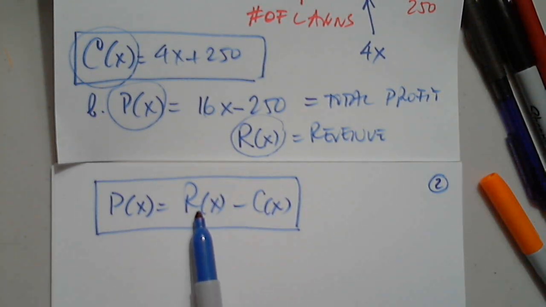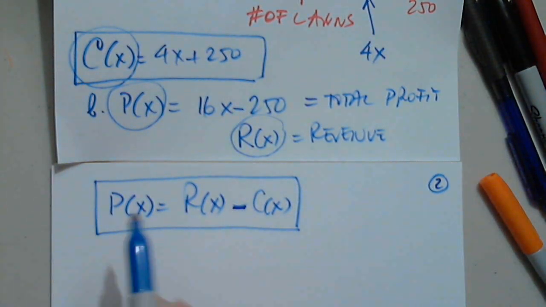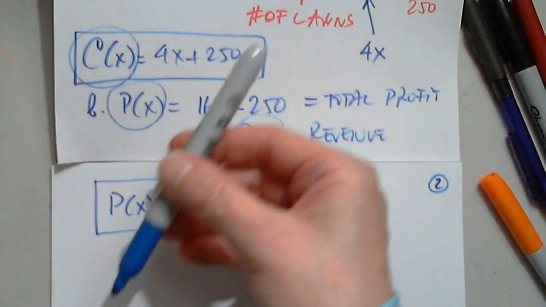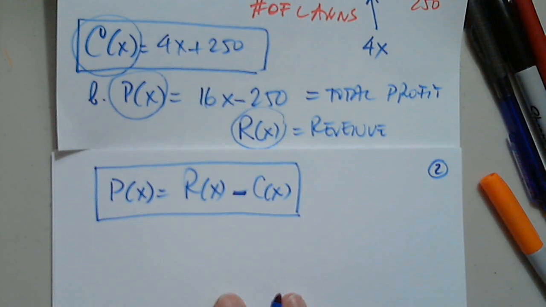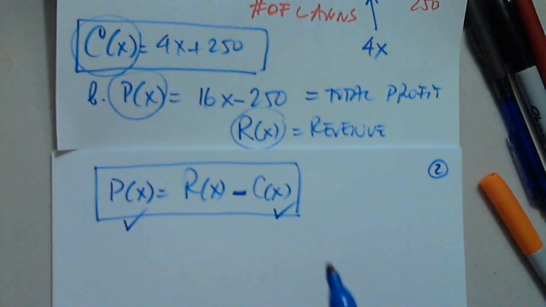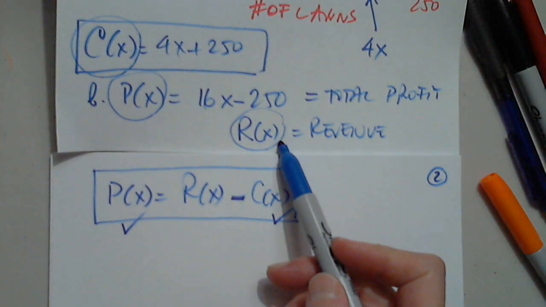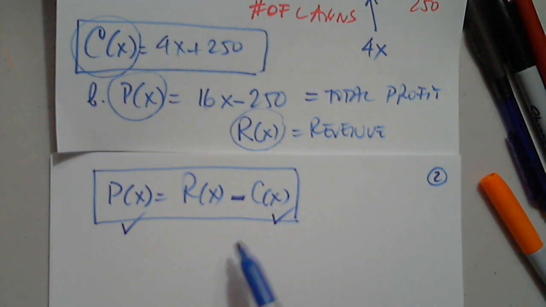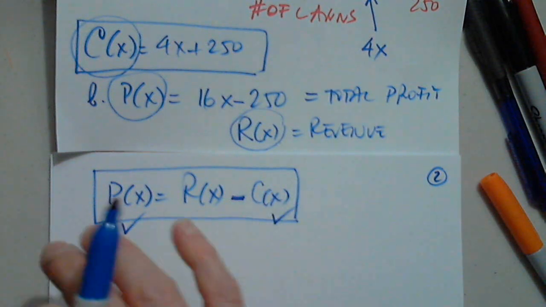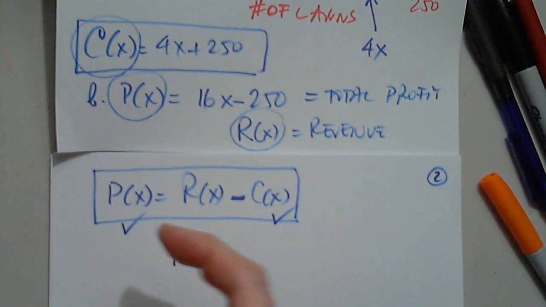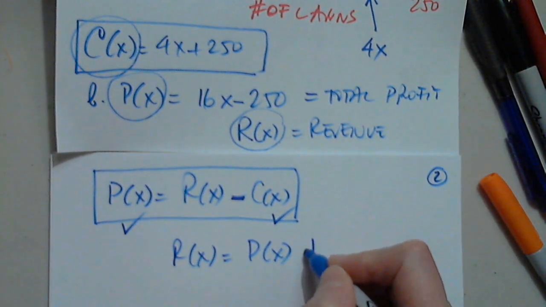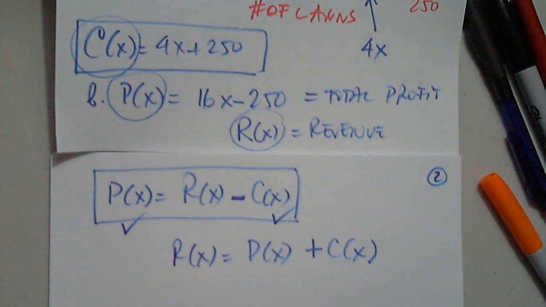I just want it to be clear. So we have the profit function. We have the cost function. They are asking us to find the revenue. When we move a term from one side to the other, we only change its sign. So the revenue will be the profit plus the total cost.